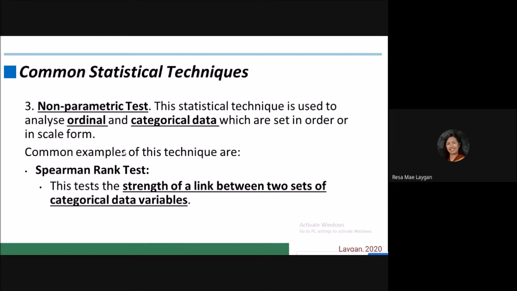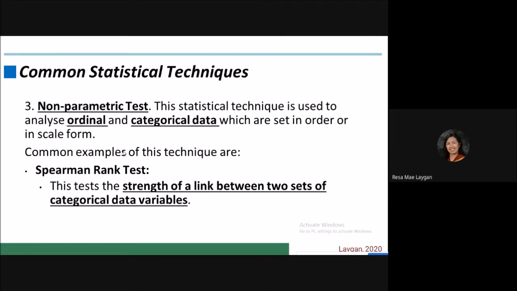So you may apply the Spearman rank test in testing the strength of the relationship, whether there is a significant relationship, and whether it is positive or negative, between the level of awareness, which is categorical, and the practices, which is your dependent variable and also categorical. So that is where you apply the Spearman rank test.